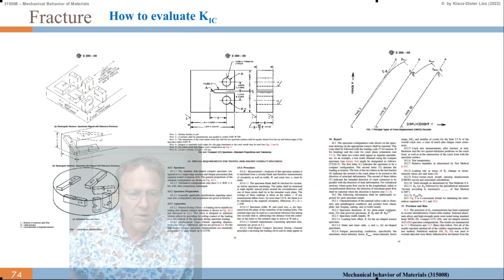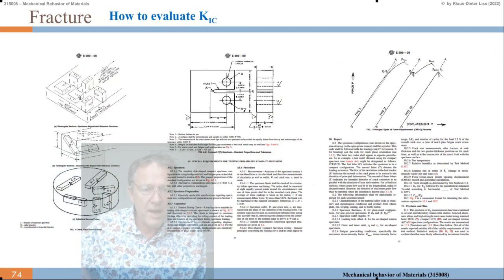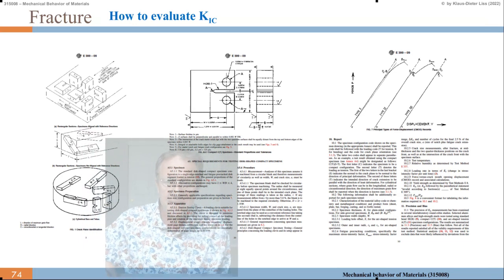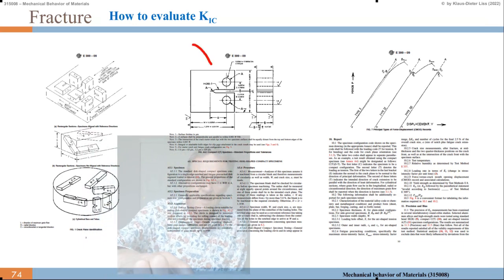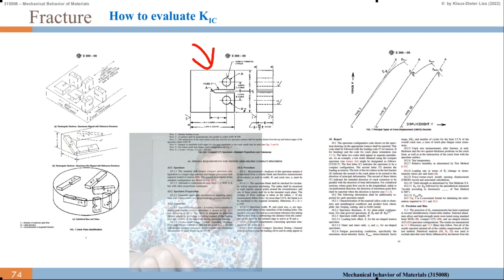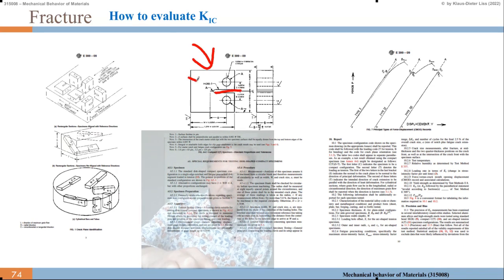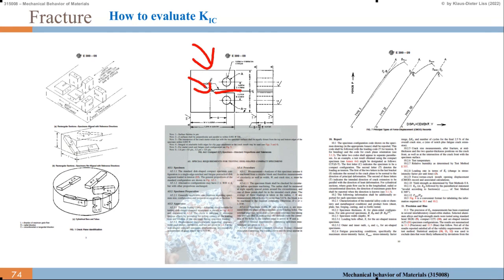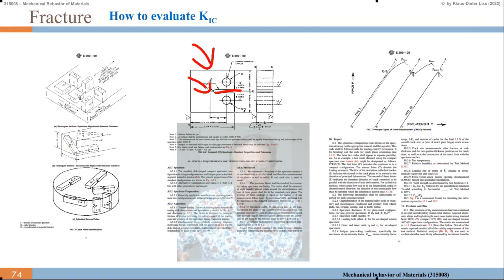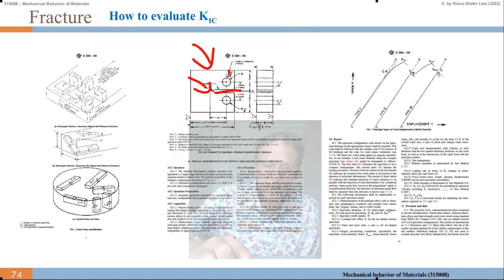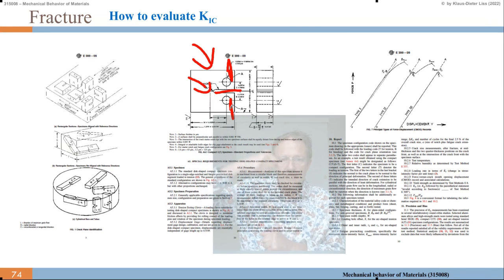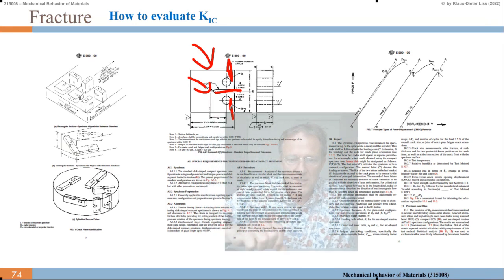So they give you all the geometries, how to make test samples, how to make the specimens, how to design an initial crack. So you have an initial crack here, and then you have a crack propagation, dA as a function of A. So this is the load here. So you load here in these two holes. You put a tensile stress on.